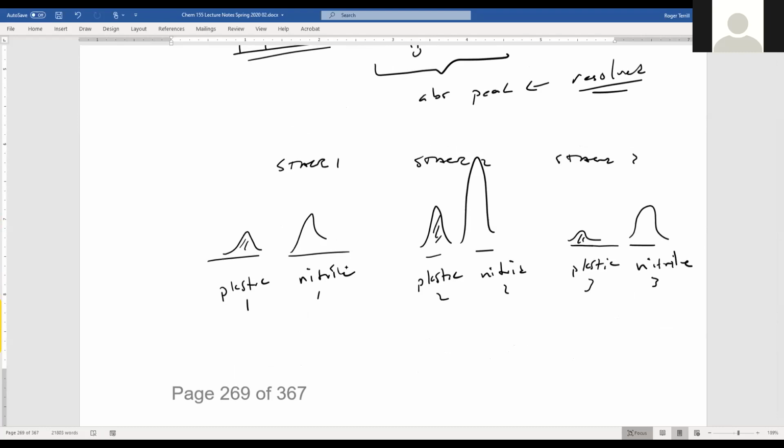And he would integrate the peaks, take the nitrile 1 divided by the plastic 1, and this would give him a value that's proportional to the number of monomers in experiment number 1, right? And then similarly for 2 and 3, right?